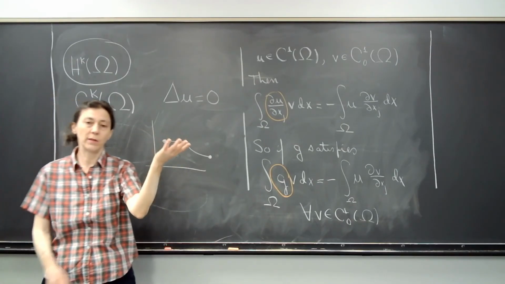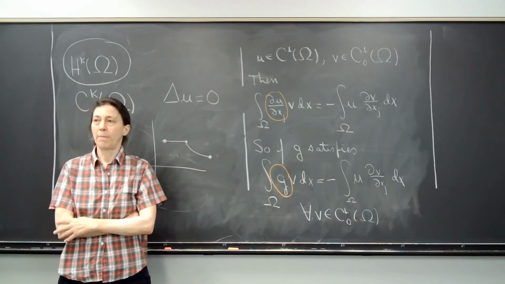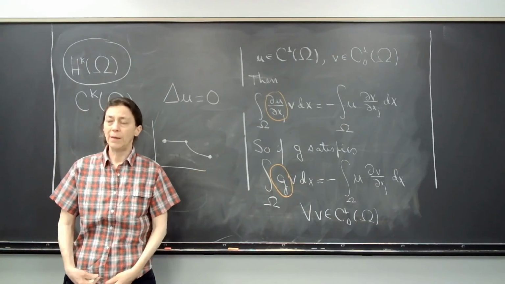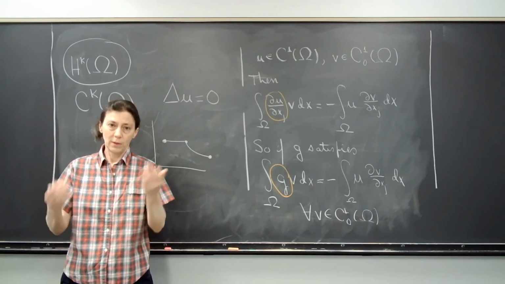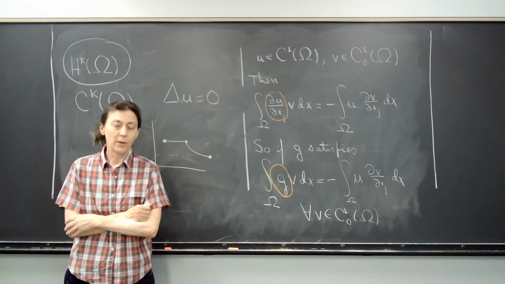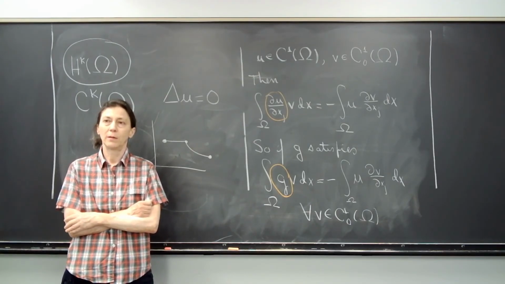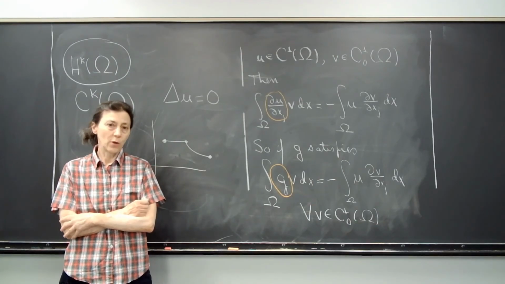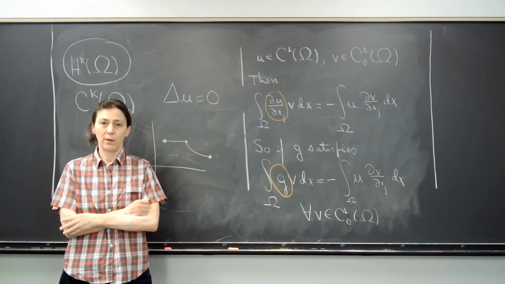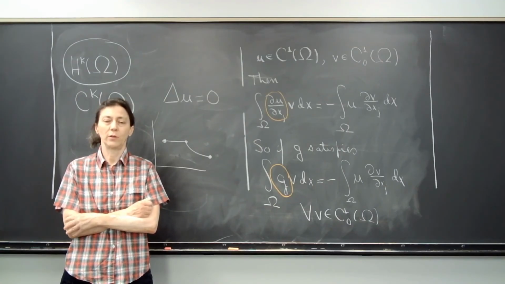Here's another simple example. Not simple, but it feels simple because it is familiar. Think of your undergraduate course in complex variables. You've got your Cauchy-Riemann equations. Those are first order equations.